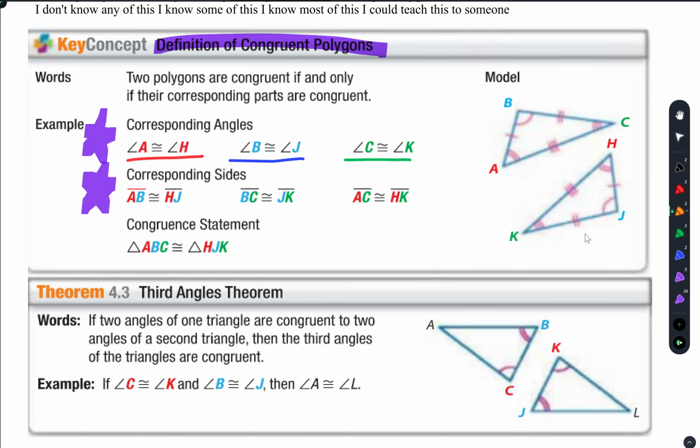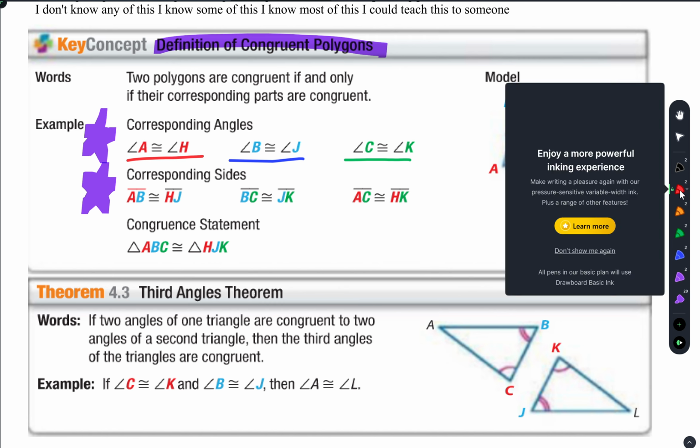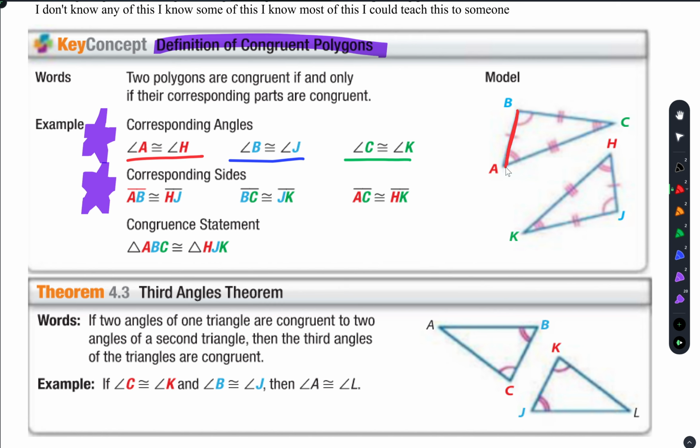If I look at the corresponding side AB, it has one tick mark. I look at the other one tick mark side, and we see they both have one tick mark. If I start with AB, which was my two tick mark angle to my one tick mark angle, or if I'm looking at my colors, the red to the blue, when I name HJ, I also have to go red to blue, or two tick marks to one tick mark.